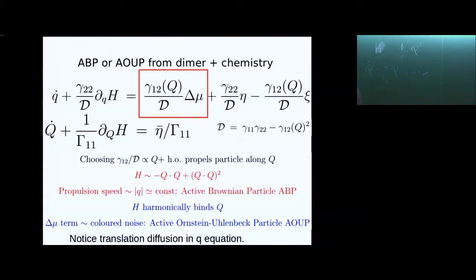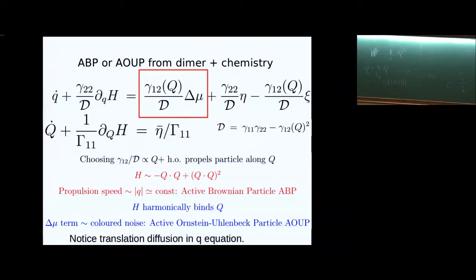So this means that Q has correlations that decay exponentially in time with a time constant which is gamma 11 over k. So you can say that I'll not even look at the Q equation.